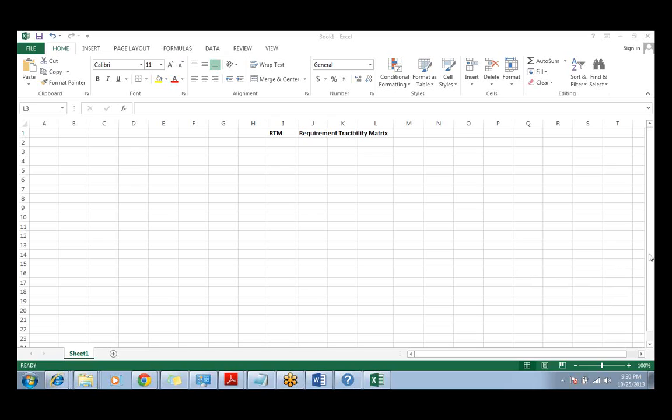Yes. We had a class this afternoon, and it went about RTM. As far as I can remember and understand, it is all about how would you know 100% the software, the product, is tested. Then this is a matrix.